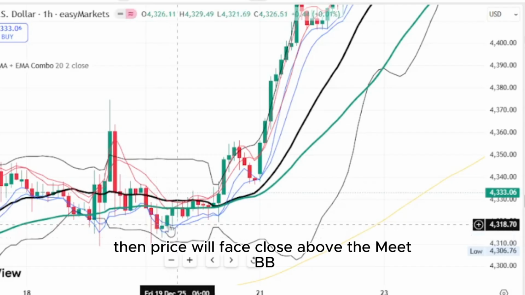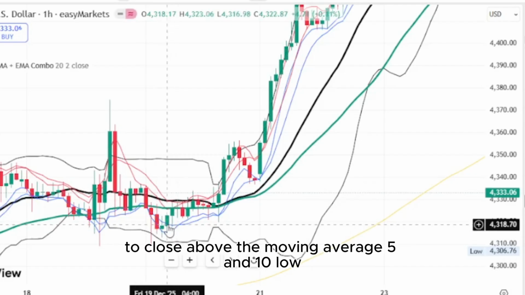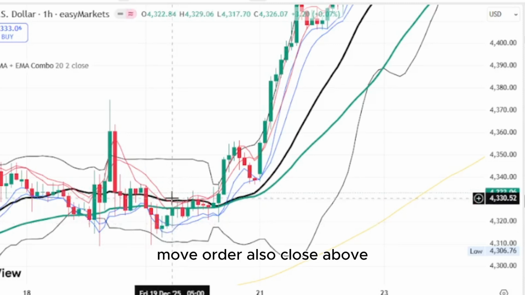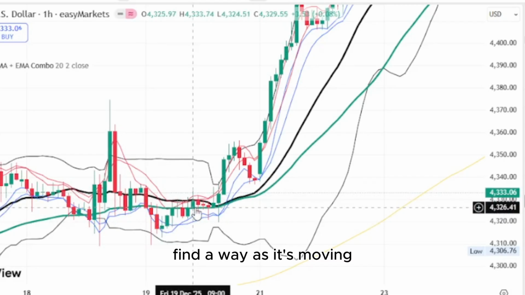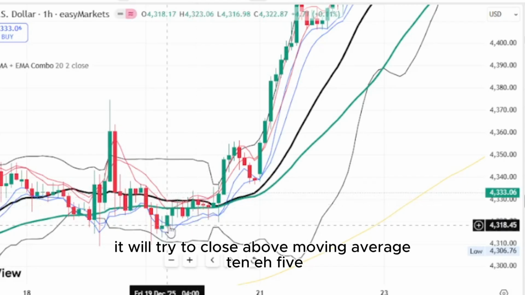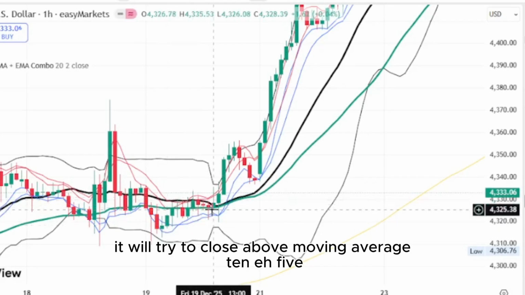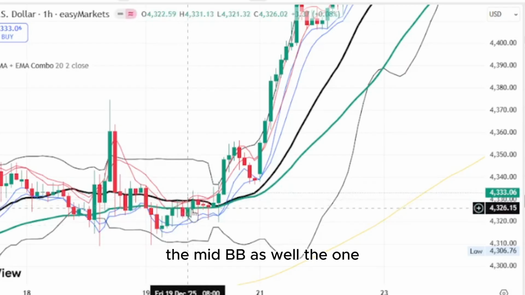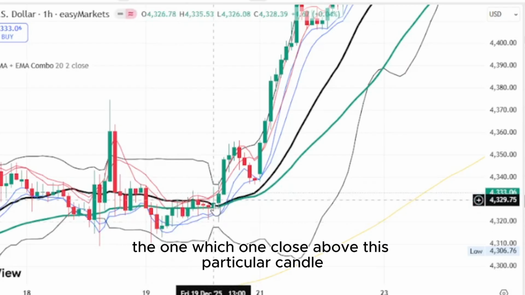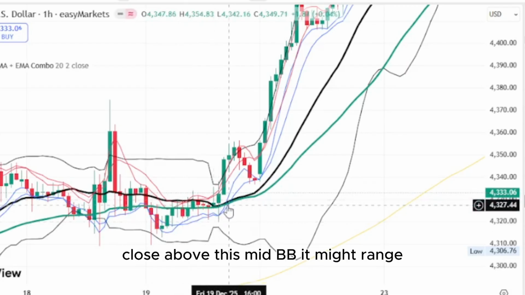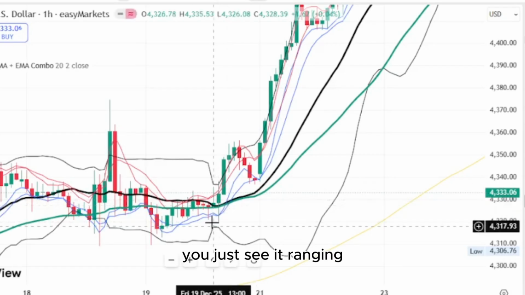It will close above the moving average 5 and 10 low, and it will try to close above the mid BB as well. Close above this mid BB. It might range, but what you are looking out for is price closing above it.